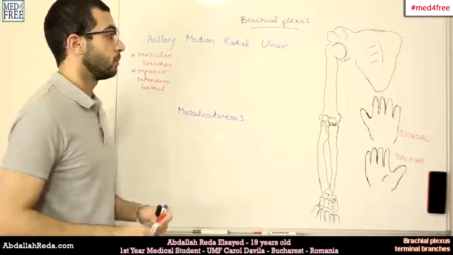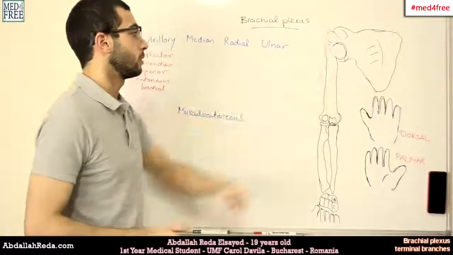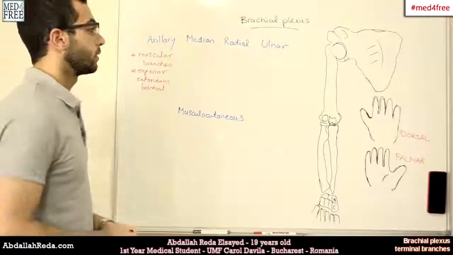Superior cutaneous brachial branch for the posterior aspect of the shoulder. This is the axillary nerve.